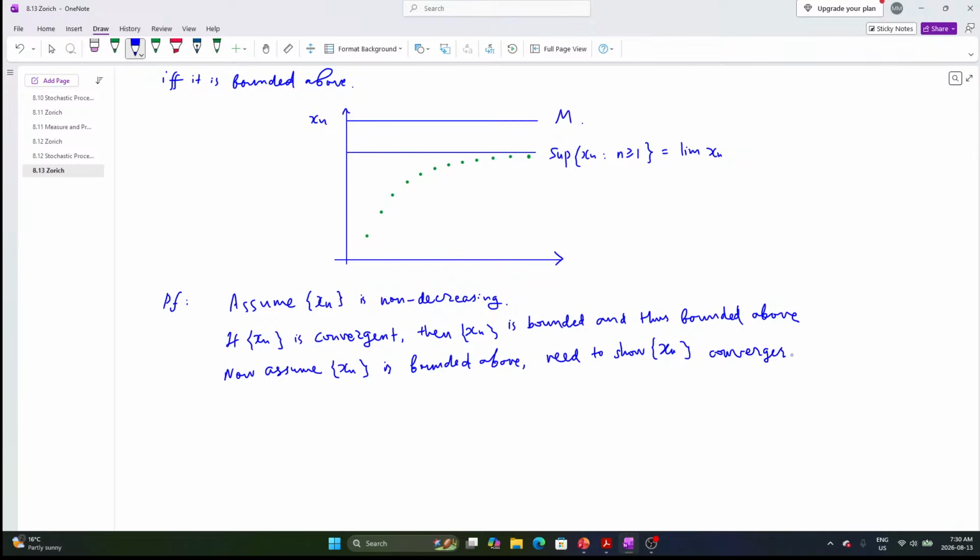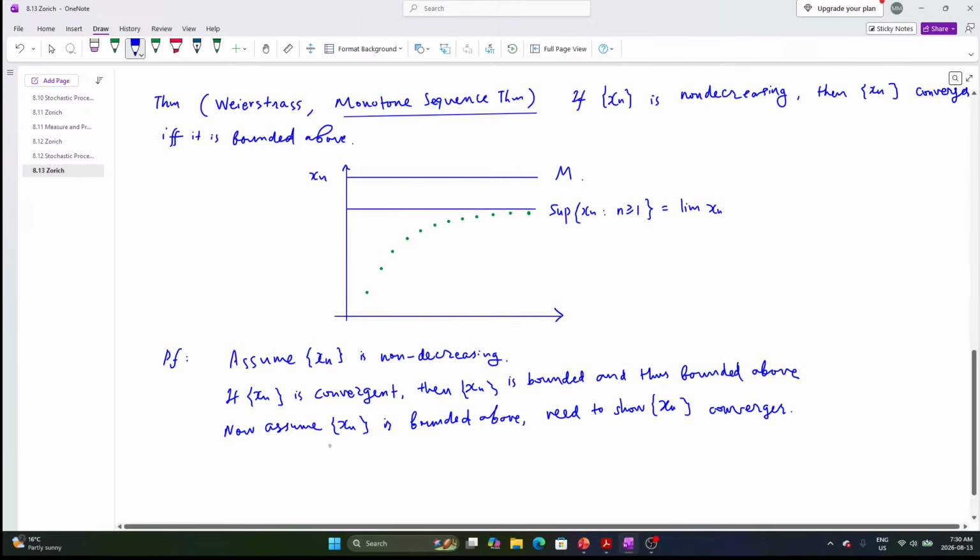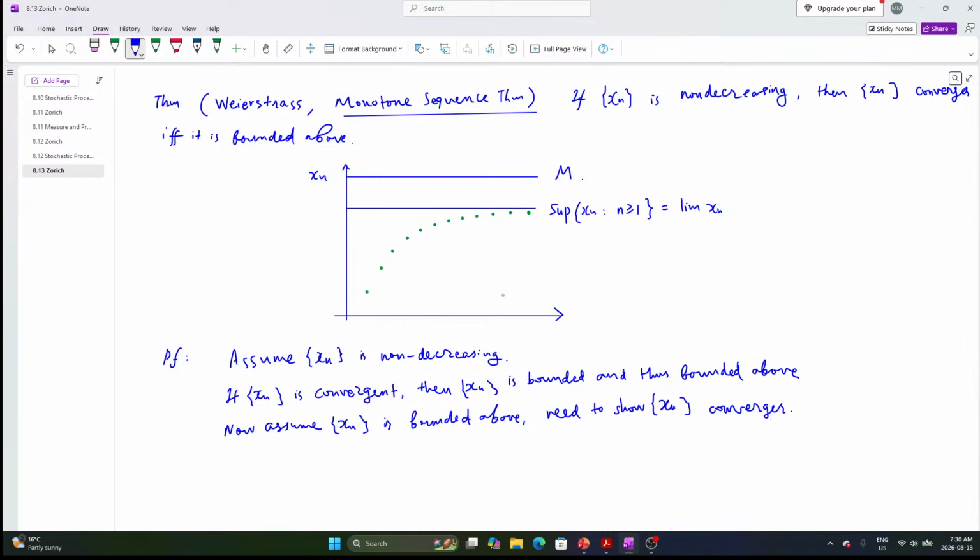All right. So to show xn converges, we have to propose a limit, or you could use the Cauchy criterion. But here, because we already assumed it is bounded above, there exists a least upper bound, and based on this picture, this obviously should be the limit. So we have a proposed limit.